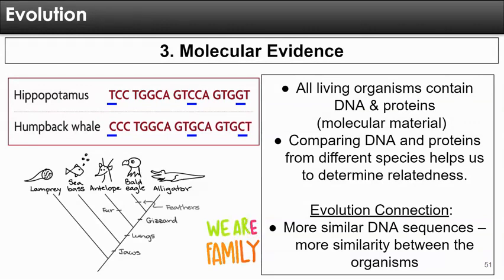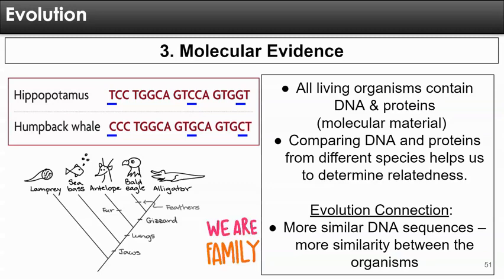So all living organisms contain DNA and proteins, which is our molecular material. Comparing DNA and proteins from different species helps to determine relatedness, that we are related to other organisms when we look at the sequence of nucleotides in our DNA. Those A's, T's, C's, and G's can be very similar.